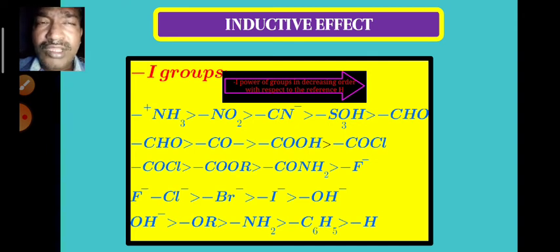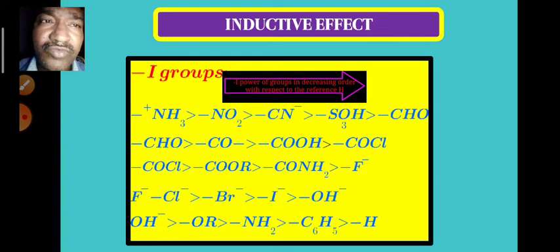In a hydrocarbon organic compound, when the carbons are attached directly to more electronegative elements like nitrogen, oxygen and halogens, then they drag the electron pairs towards them. As a result, they cause a positive charge on the carbon atom. So that's why they are known as the minus inductive effect groups.